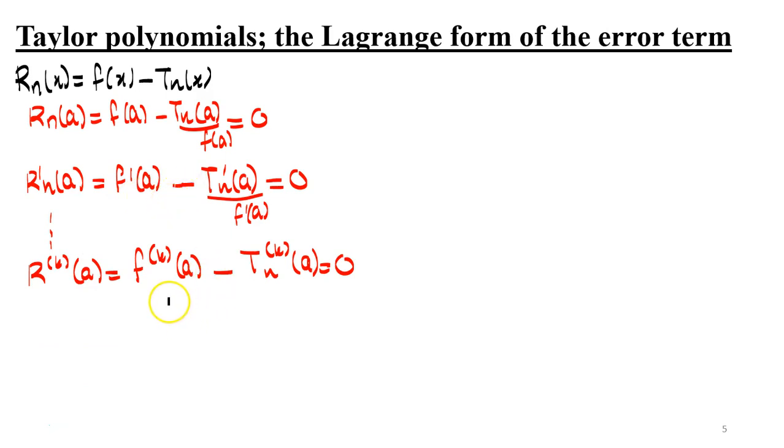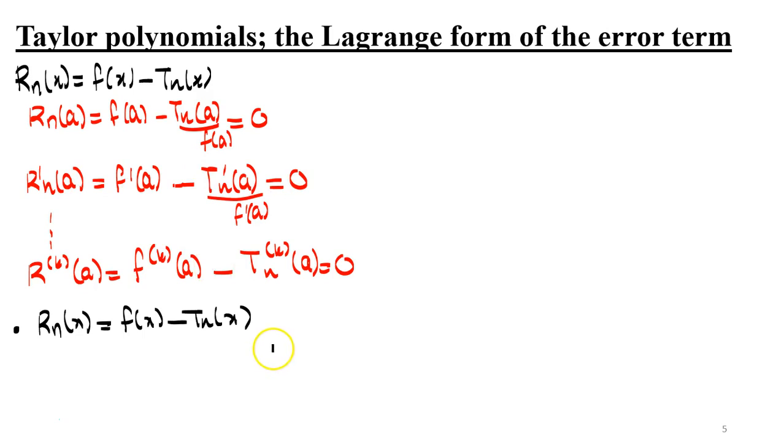So now going back to the fact that Rn of x is f of x minus Tn of x. Now we're working for all x in the interval of convergence. We're no longer working at x equals a.